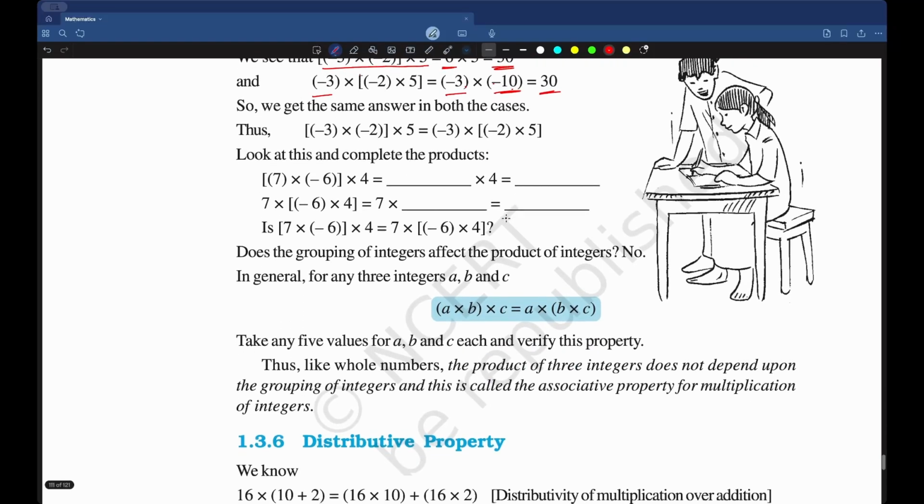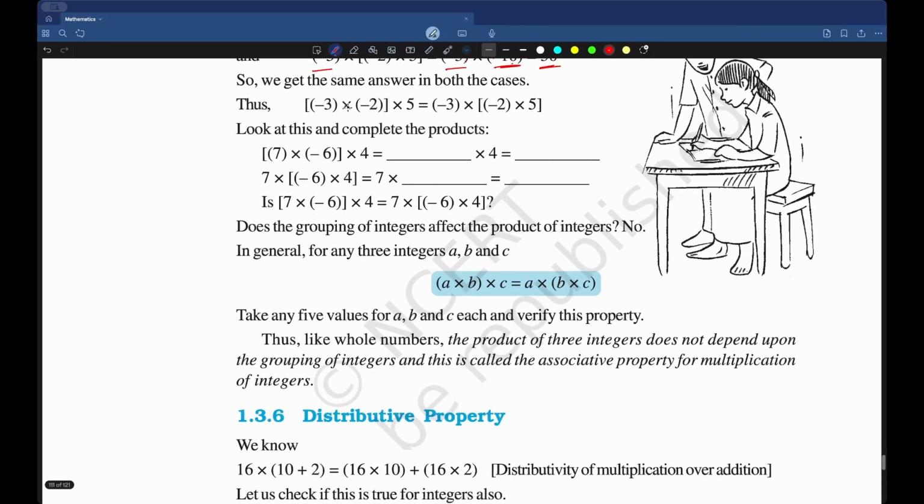And now complete this task, that is a into b into c equals to minus into plus is minus, and 6 7s are 42, and minus into plus is minus, and 4 2s are 8, 4 4s are 16, 168.